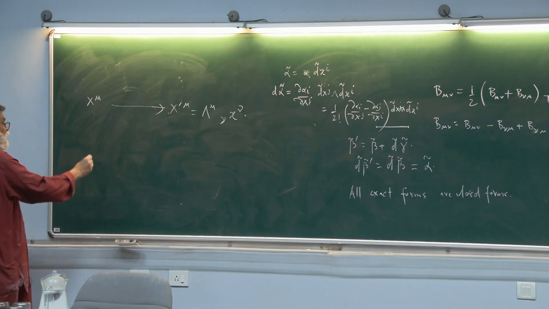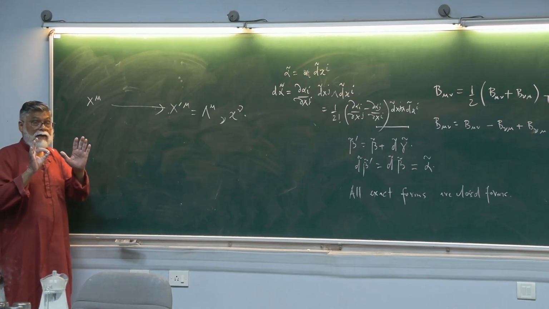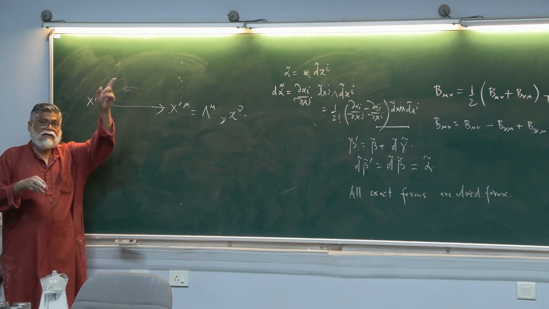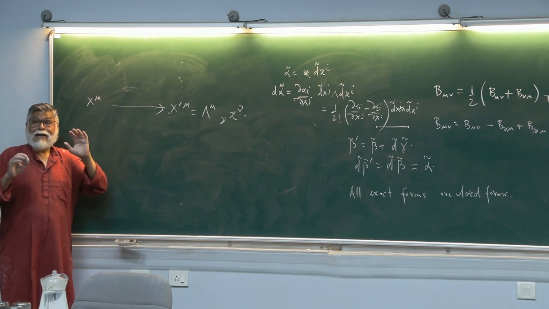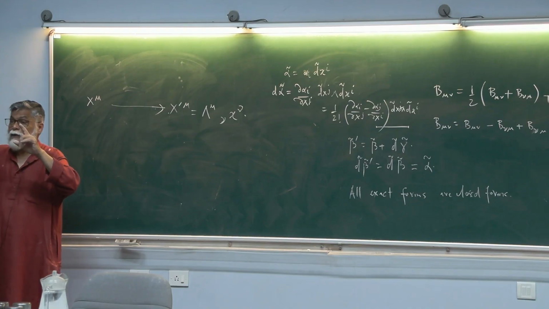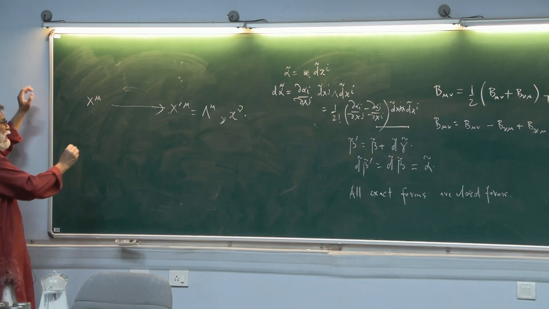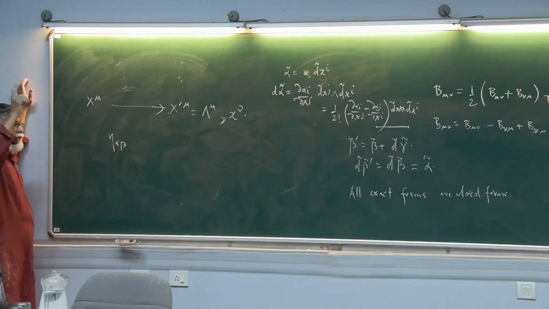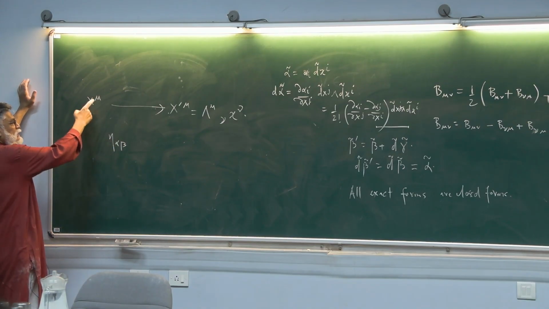Under this Lorentz transformation, what Minkowski said, which Einstein was not using, is that the Minkowski metric tensor eta alpha beta is an object that is invariant under Lorentz transformation.